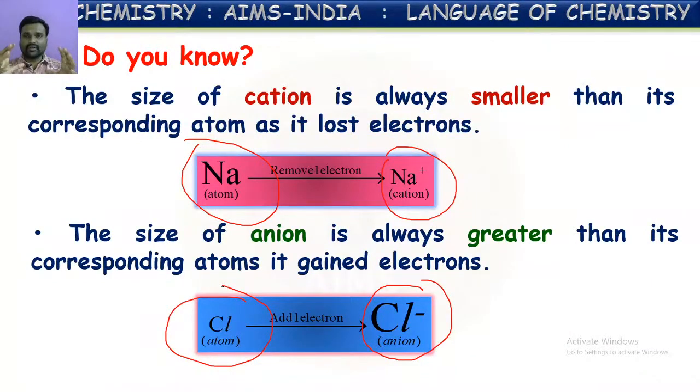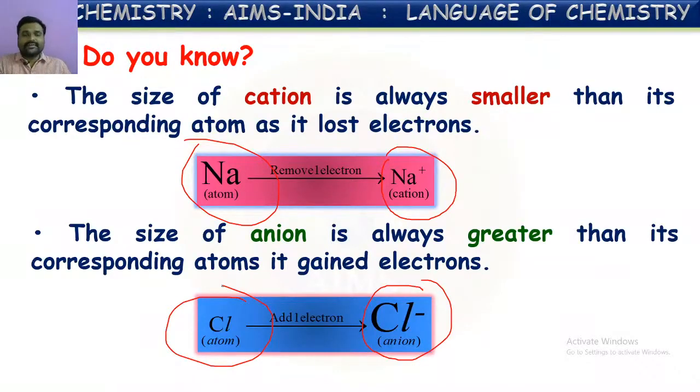As the number of electrons gained increases, size also gradually increases. So the ions formed by gaining of electrons we call anions. The size of an anion is greater than its parent atom. Size of cation is smaller, size of anion is greater than their original atoms.